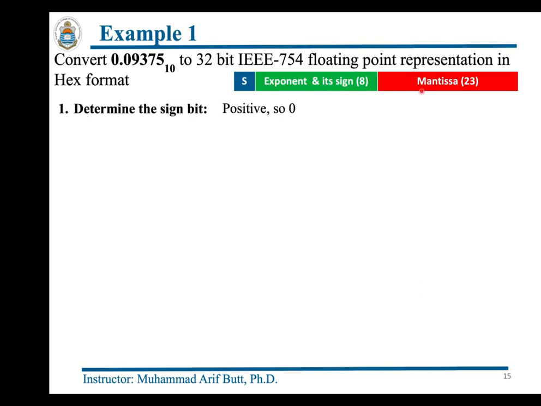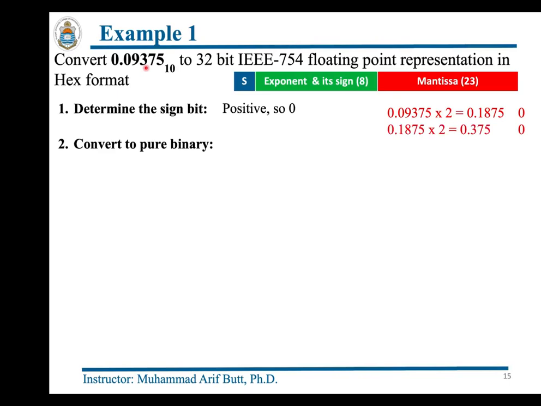So we need to follow certain steps. First of all, we need to determine the sign of the number. So the sign is positive, and positive is represented by a 0 over here. Then we need to convert this decimal number to binary. Well, dear students, to convert the fractional part to binary, we just repeatedly multiply the fractional part by 2.